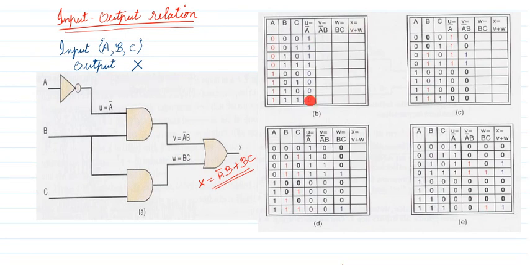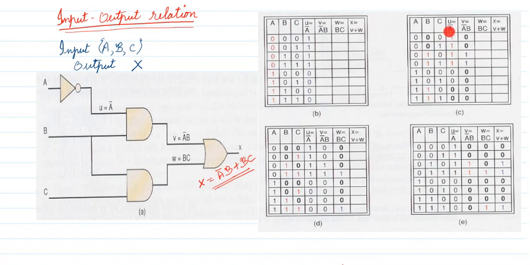Okay, first let me fill this column. U column. What is U? U is equal to A bar. What is A? These are the A values. It is complemented. 0 means 1, 0 means 1, 1 means 0. So this column is filled. Okay, next we need V. What is V? A bar B. We know what is A bar. This is your A bar. This is your B. So you have to multiply these two. 1 into 0 is 0. 1 into 0 is 0. 1 into 1 is 1.